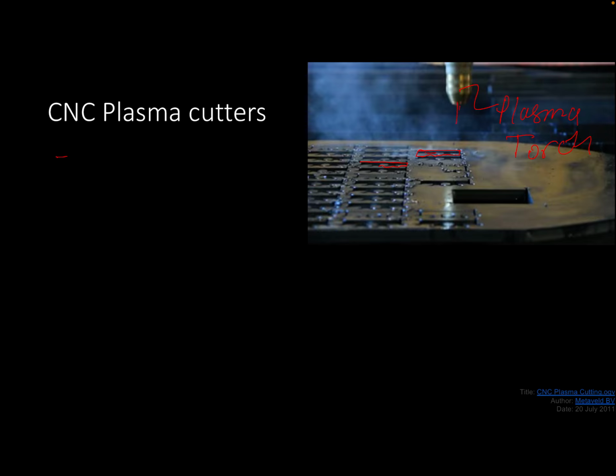So the key points for the plasma cutter machine: it carries a plasma torch, that is the tool basically, and it is for cutting metal. It involves cutting through electrically conductive material, which can also be processed using these CNC plasma cutters, and this will cut the material by an accelerated jet of hot plasma.